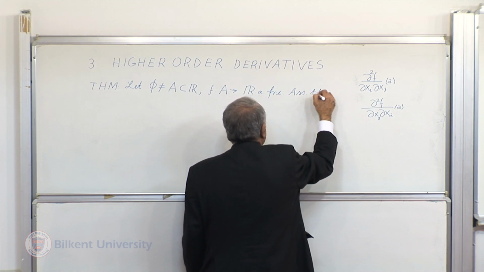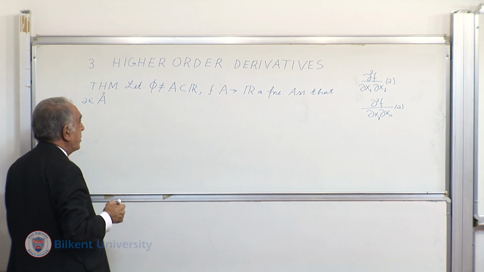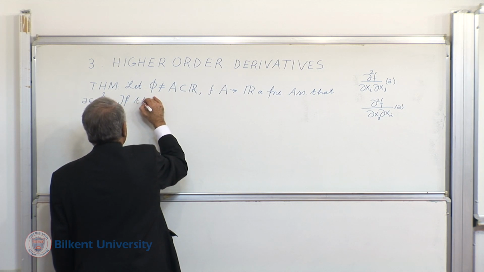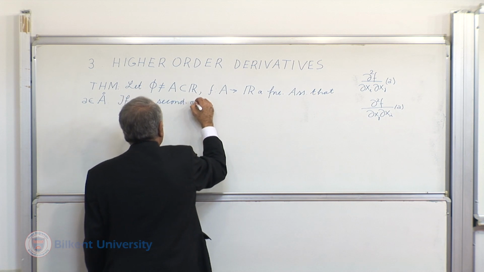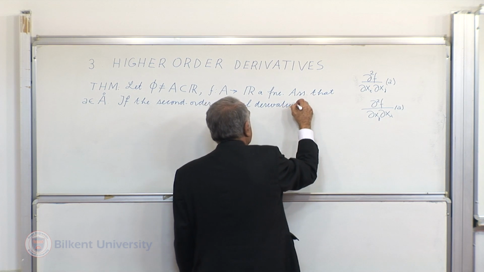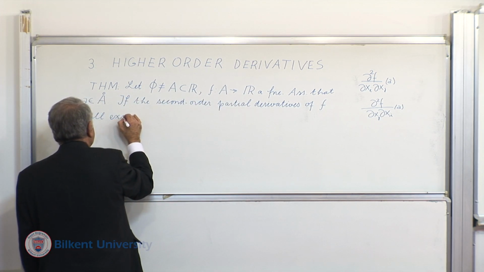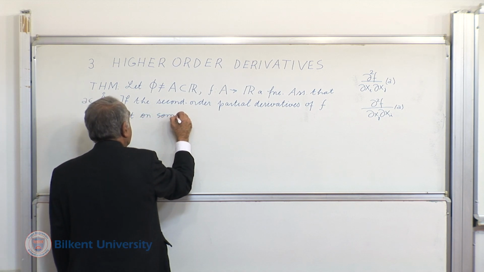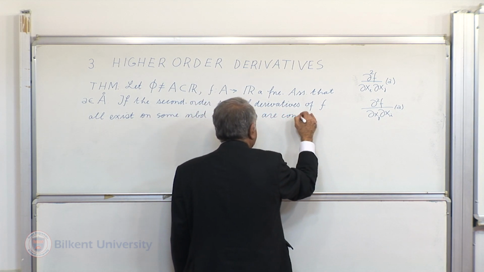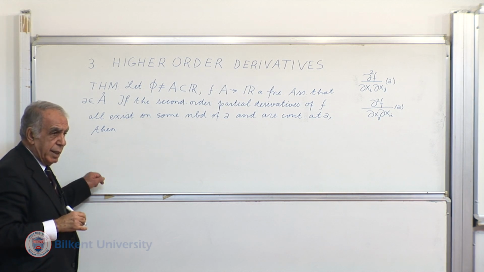Assume that a is an interior point of A. If the second order partial derivatives of f all exist on some neighborhood of a and are continuous at a, then the order of differentiation is interchangeable.